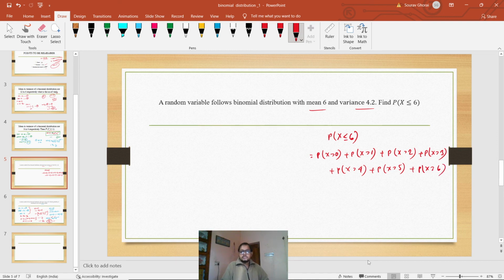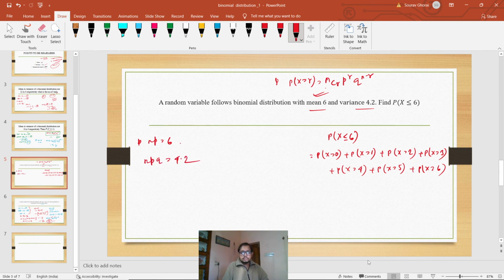So from here, if we use the formula P(X = r) is equal to nCr p to the power r q to the power n minus r, we also have to find the values of n, p, q using this relation. It is already given that np is equal to 6 and the variance npq is equal to 4.2.